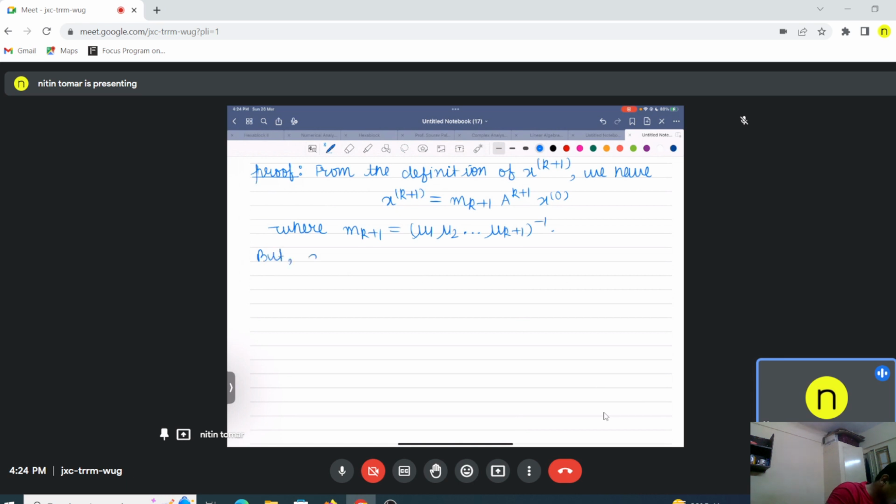But because we could write our initial guess in the form c1 v1 plus ... plus cn vn, where c1 is non-zero, I can write xk plus 1 as mk plus 1 lambda 1 to the k plus 1 times c1 v1 plus the sum of (lambda j by lambda 1) to the k plus 1 times cj vj, j going from 2 to n.